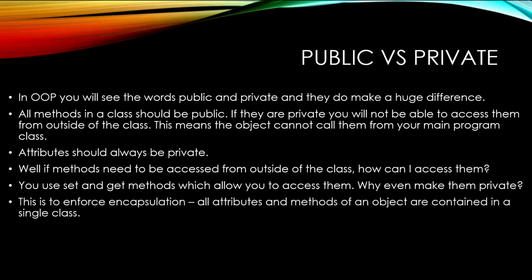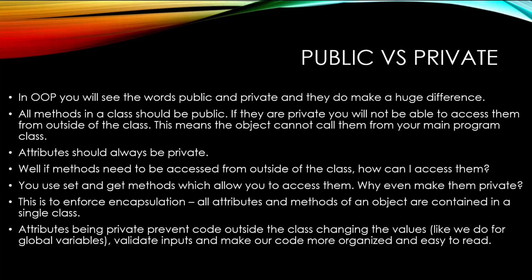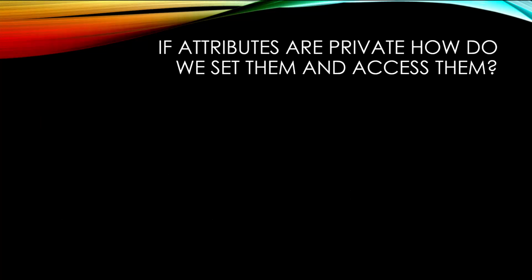Well, this is to enforce what is known as encapsulation. This means all your attributes and the methods of an object are contained inside of a single class. Attributes being private prevent code from outside the class changing the values like we usually do for global variables, allow us to validate inputs, make our code more organized, and make it a lot easier to read. So if attributes are private, how do we set them and access them?